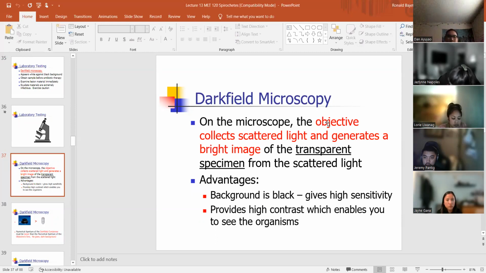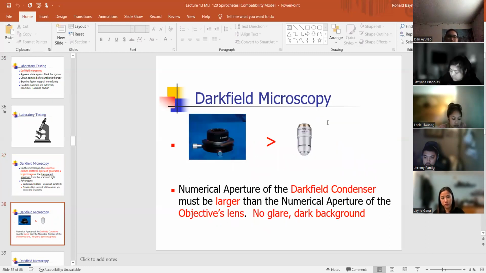And the way you achieve that contrast, the objective of adjusting the dark field condenser and the objective lens is to minimize glare and to get really good resolution. So the way you do that is, this is the dark field condenser, and what you're doing is adjusting the numerical aperture.